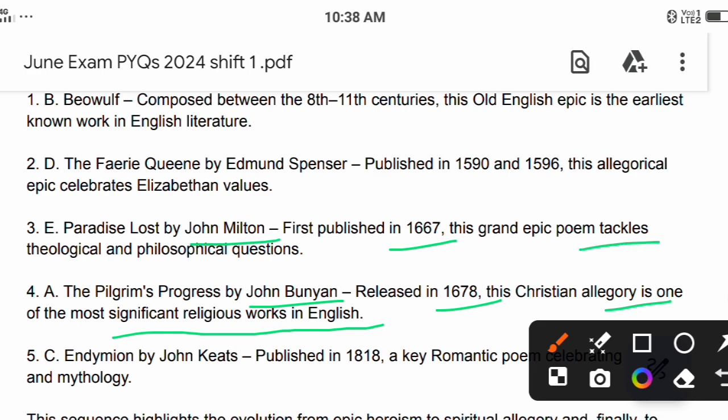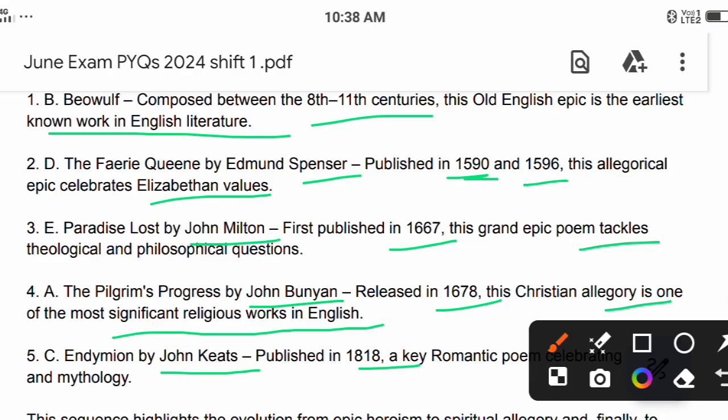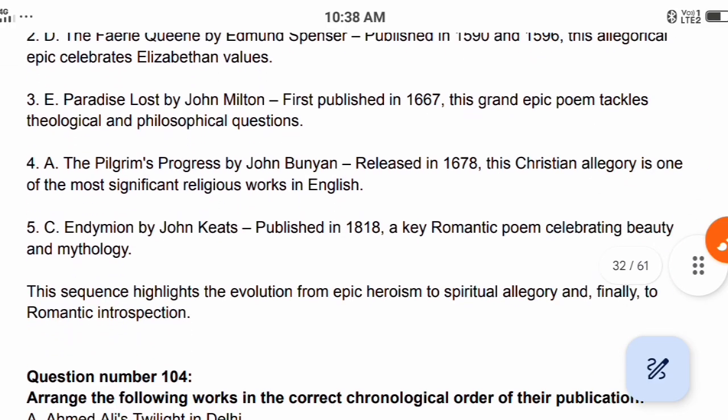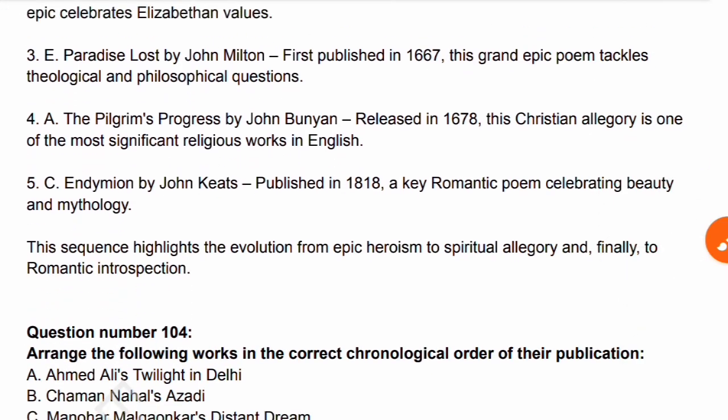The Fairy Queen, also by Edmund Spenser, published in 1590 and 1596, this allegorical epic celebrates Elizabethan values. Beowulf, composed between the 8th and 11th centuries, this Old English epic is the earliest known work in English literature. And the last, Endymion by John Keats, published in 1818, a key romantic poet celebrating beauty and mythology.